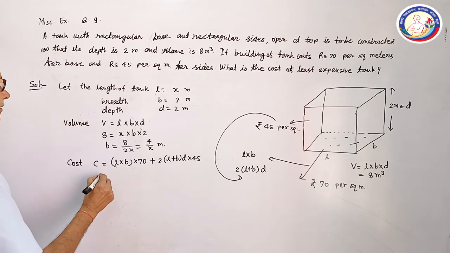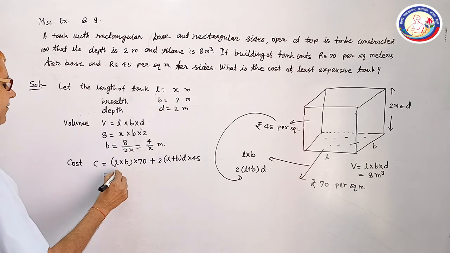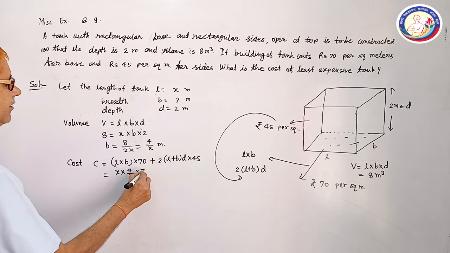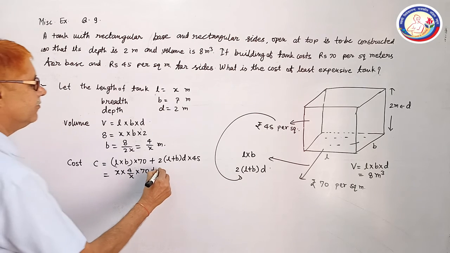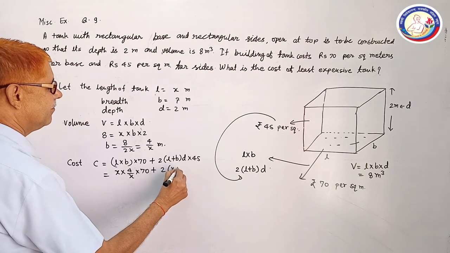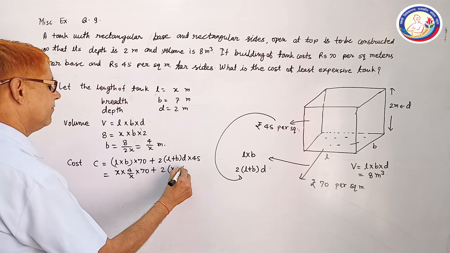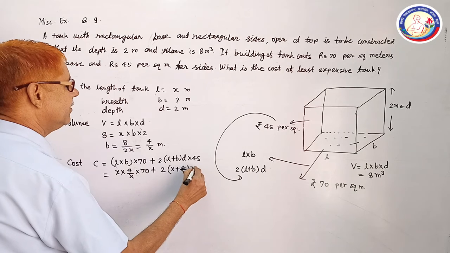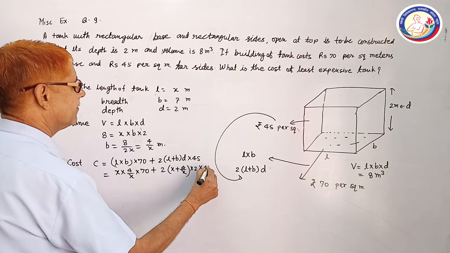This is the cost. So the cost function will be: L is X, B is 4 by X, into 70 rupees, and then 2 into (X plus 4 by X), and D is 2 meters here, into 45.